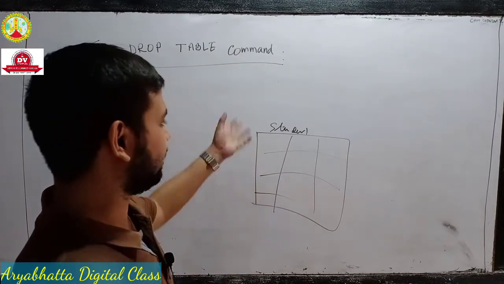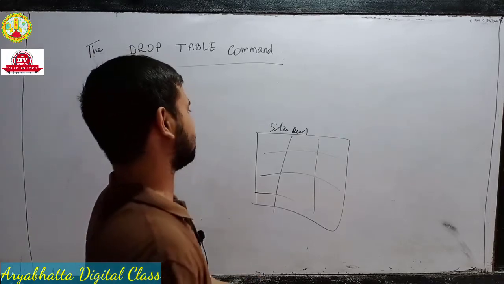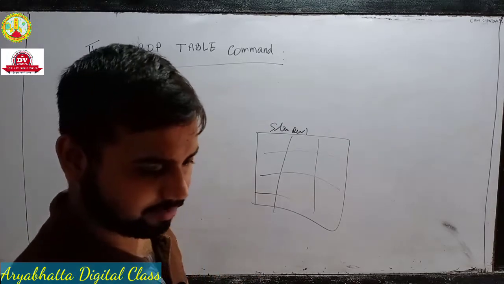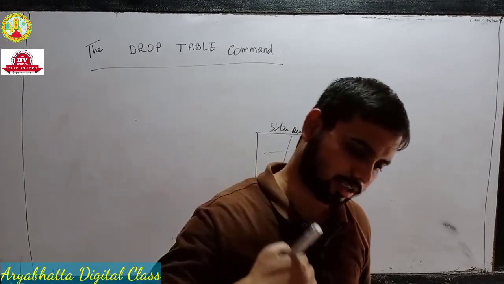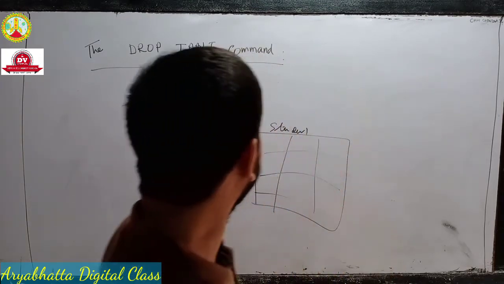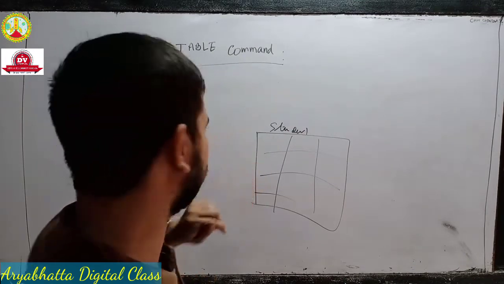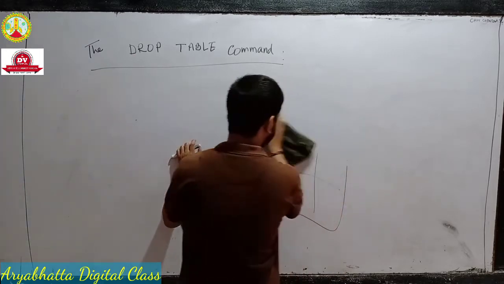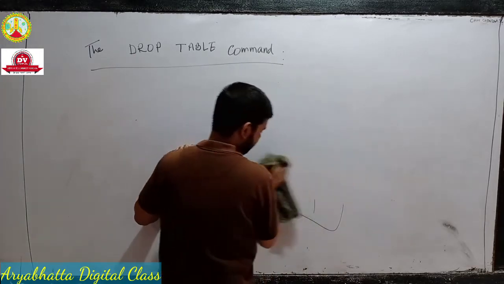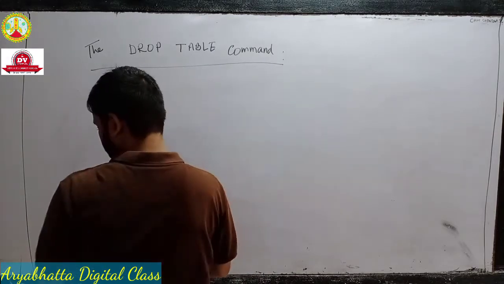You just delete this table from the database. That is the concept: when a table is no longer needed, you drop the table by using this drop table command. I hope you understood. If you have any doubt, you can ask me, don't hesitate. I will give you the definition part.